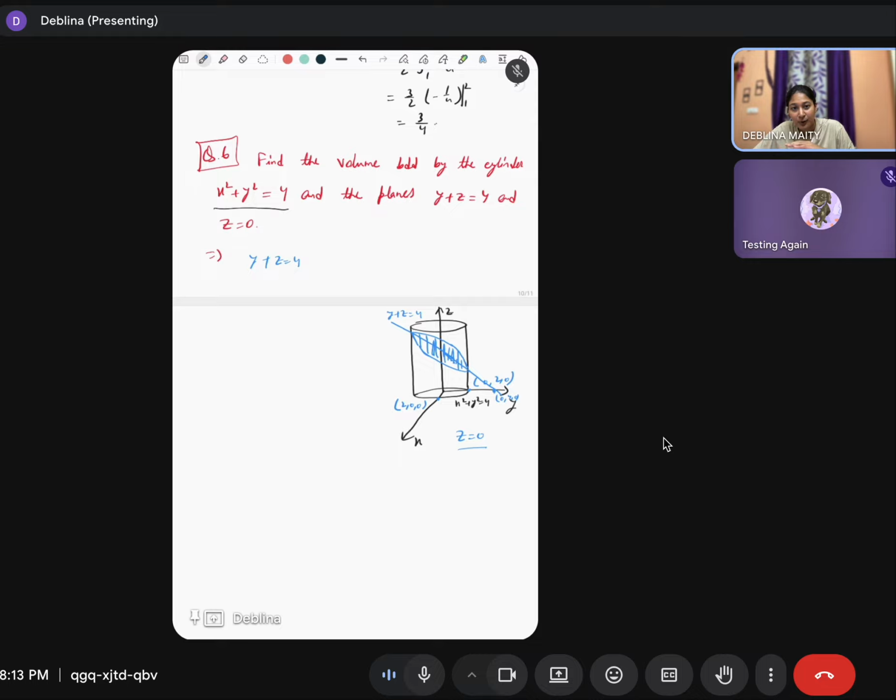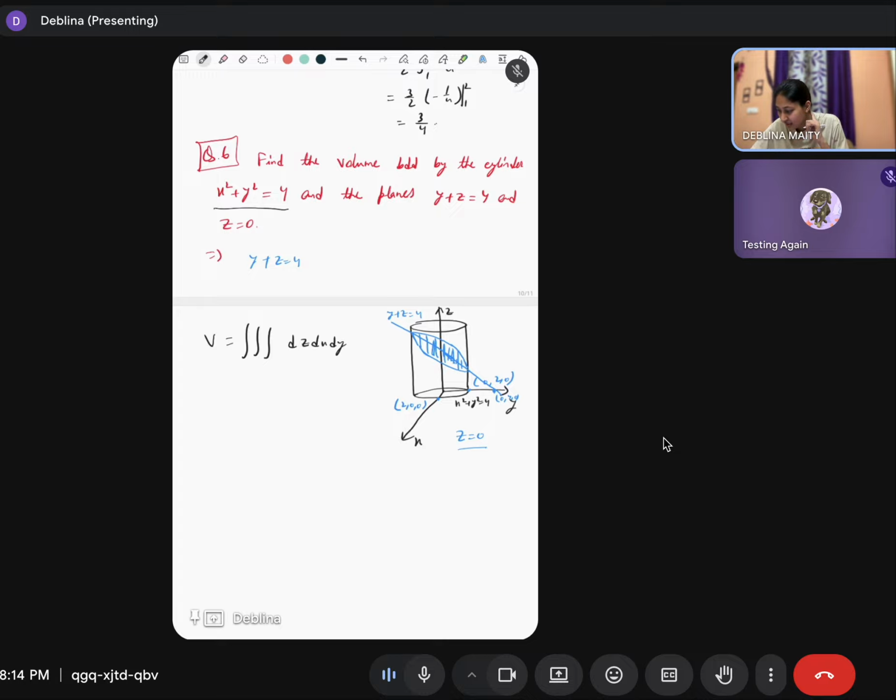So the volume will be the integration of dz dx dy. This is the volume formula.